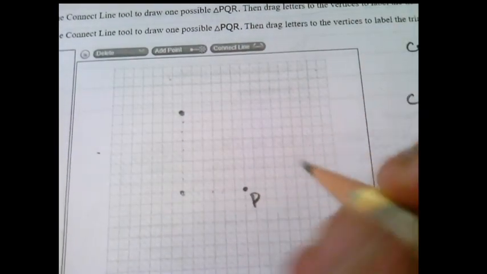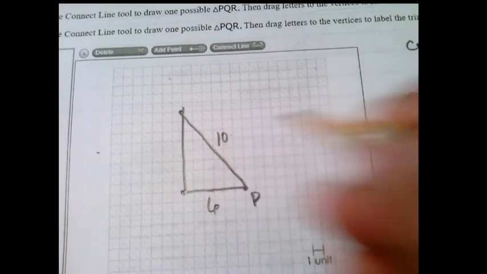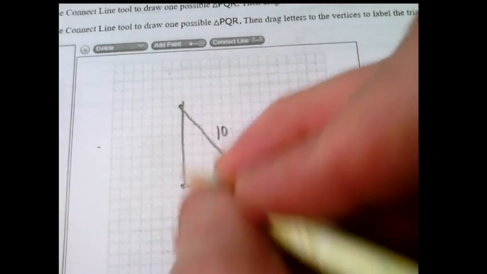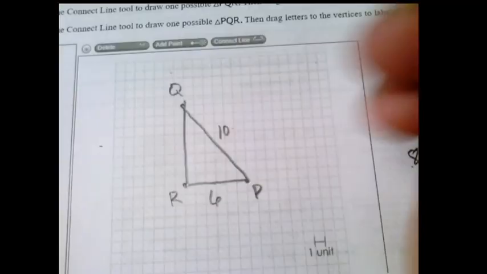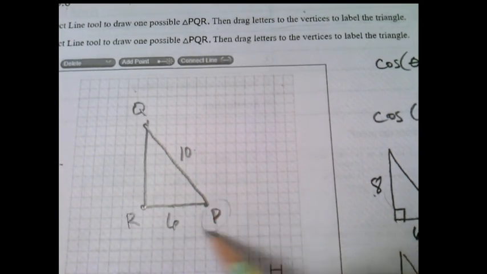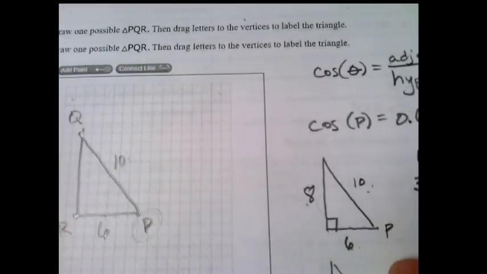And I'm going to put P right here so that the adjacent to hypotenuse is that 6/10. It doesn't matter where you put Q and R. I may put R here. I can put Q here. You can switch those. That's not the important part, but P has to be here to have the adjacent to hypotenuse be 6/10 or 0.6.